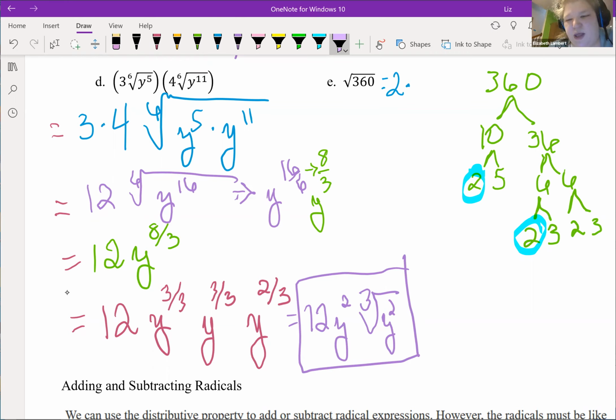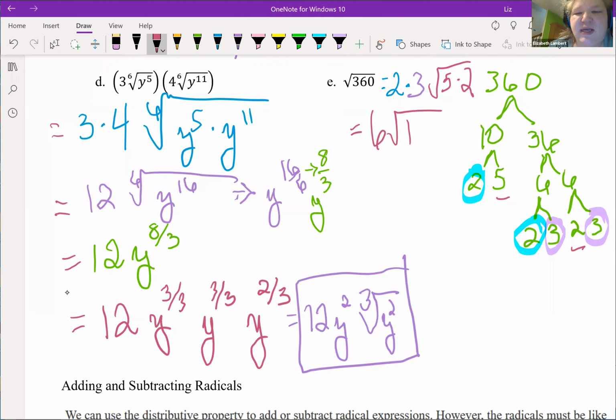So those are both going to be leftovers, but I do have a pair of 3's. So I'm going to write that outside. And then our leftovers stay inside the radical. And let me just clean up the multiplication there. 2 times 3 on the outside is now 6. 5 times 2 on the inside is 10.